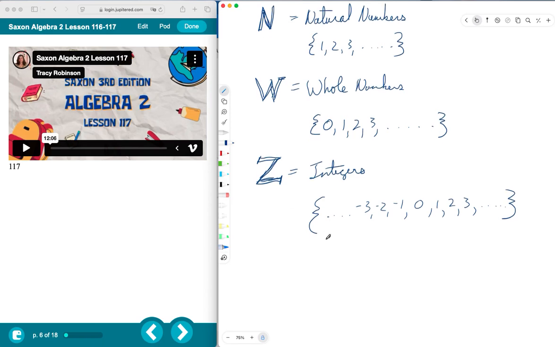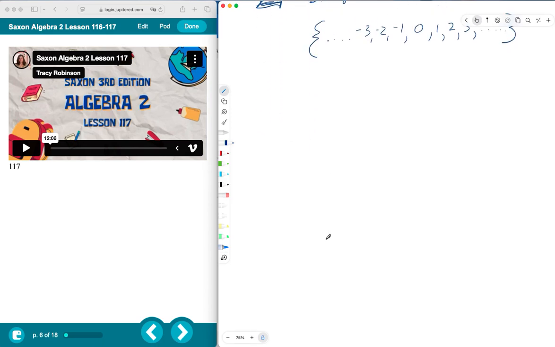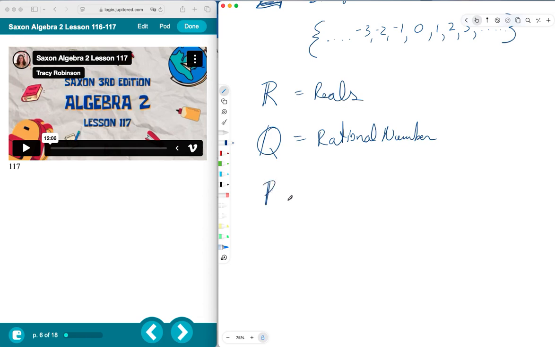You've also got some other ones that we talk about. You've got reals, which is the double R. We know that just means all numbers everywhere. Then you have the letter Q, which looks like that, and that is rational numbers. That means any number that we can turn into a fraction. You have the letter P, that stands for irrational numbers.